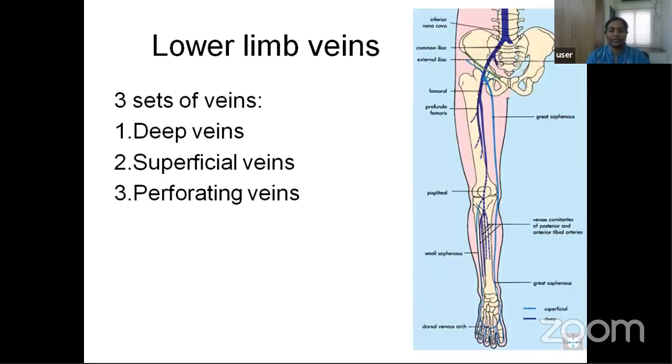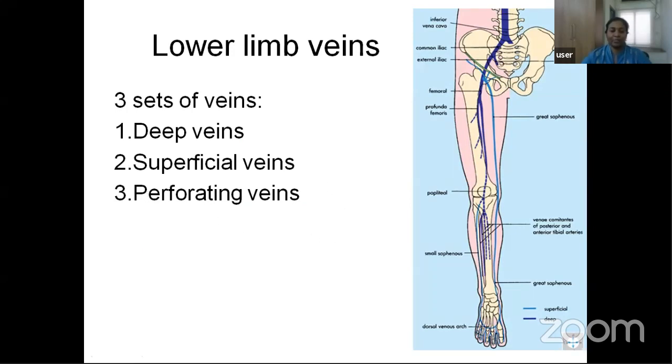So, we're going to start with the topic. When we take the veins of the lower limb, we basically have three sets of veins: the deep veins, the superficial veins, and the perforating veins.